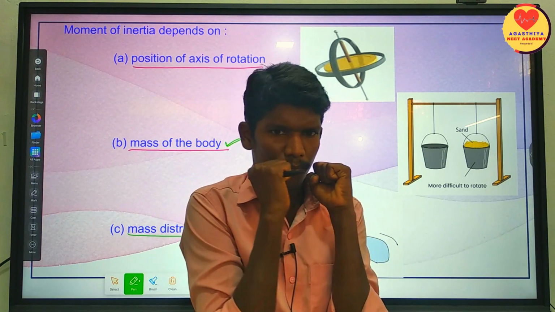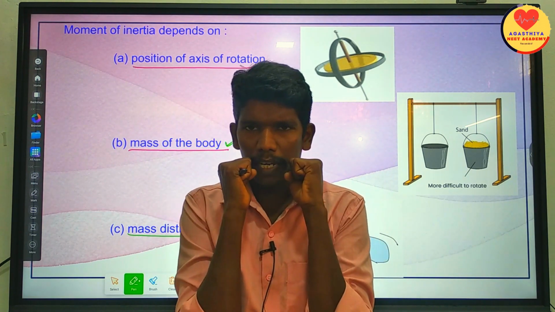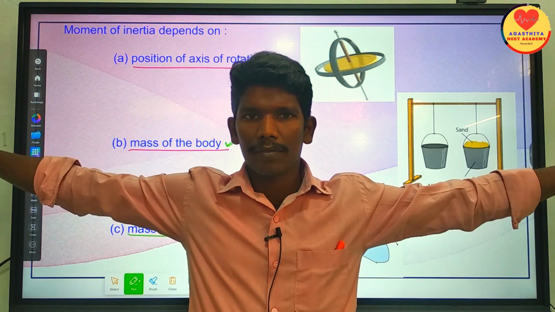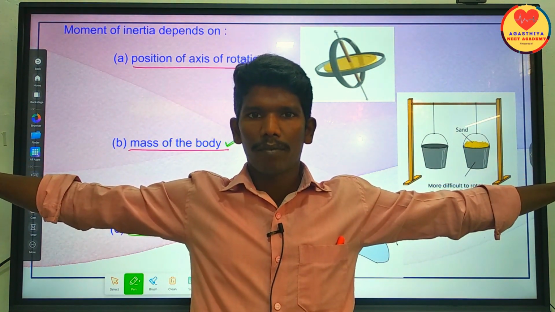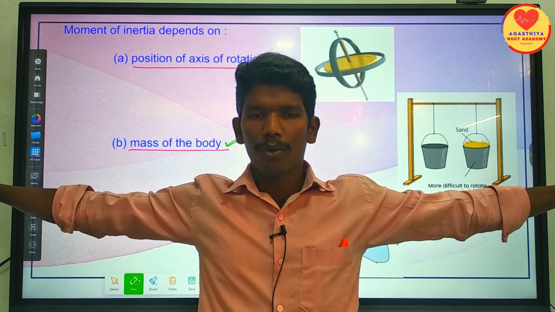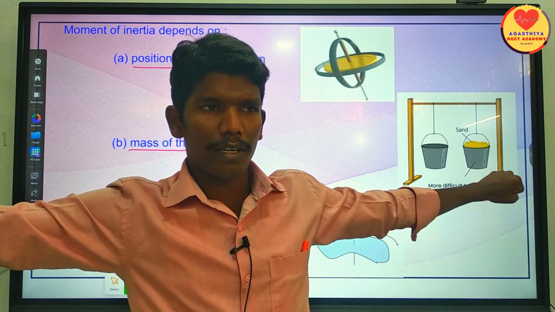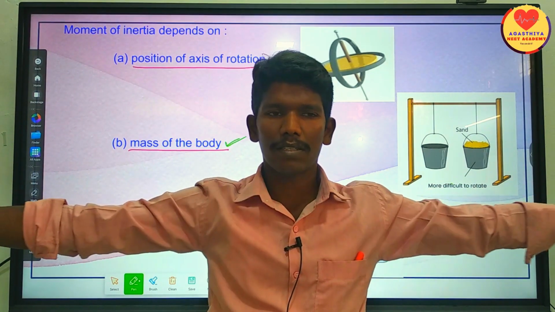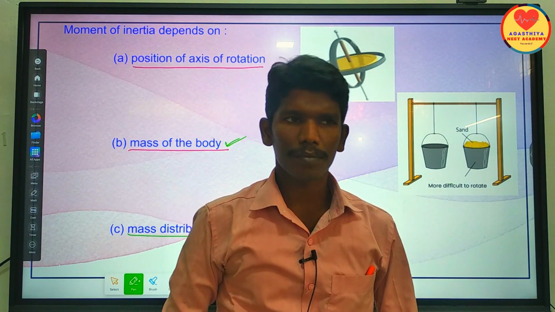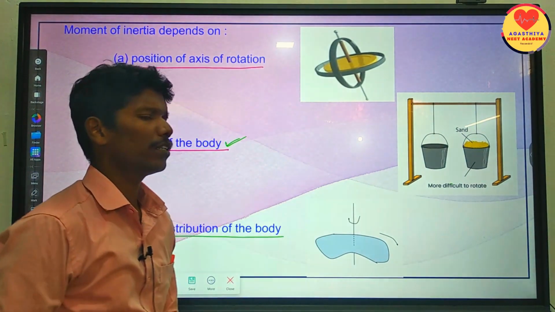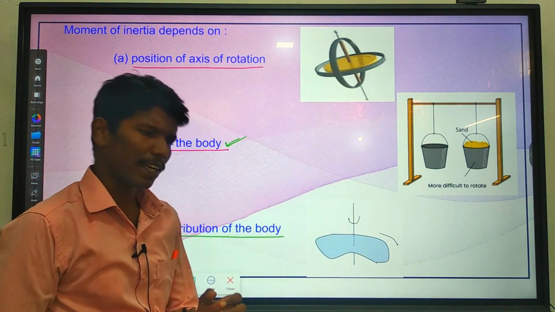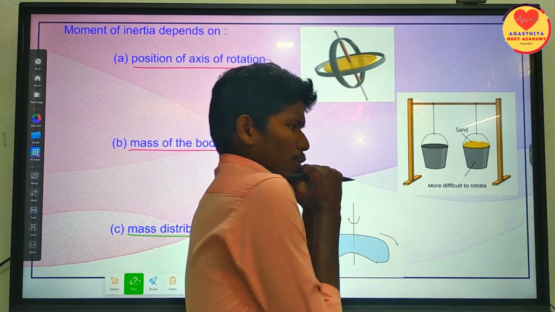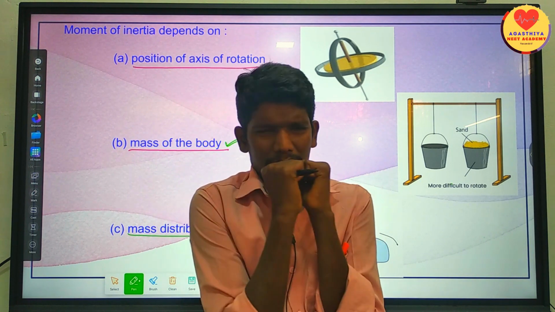This is case 1. In the second case, the mass is going far away, and now I rotate. It moves in a big circle. This is case 2. Think about these two cases. In the first case, holding the dumbbell in this position, it is easily rotated.